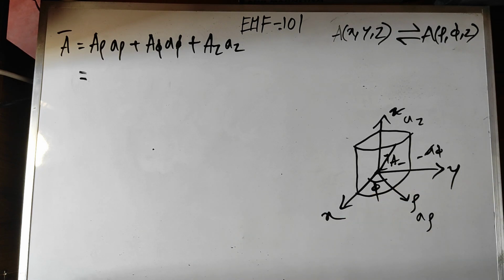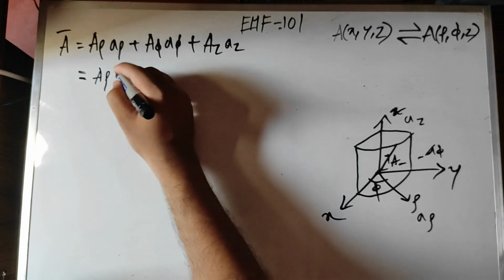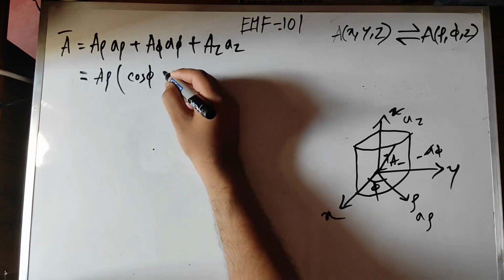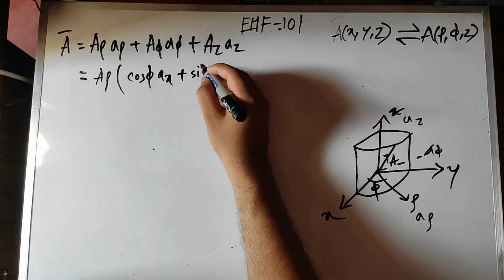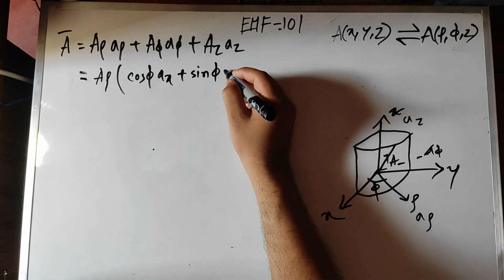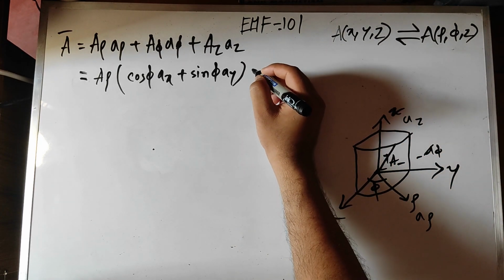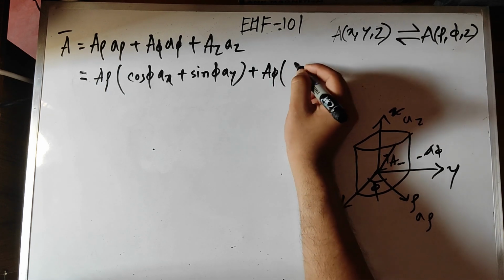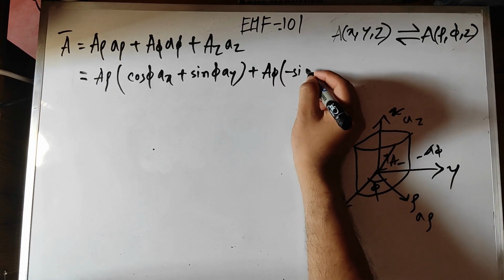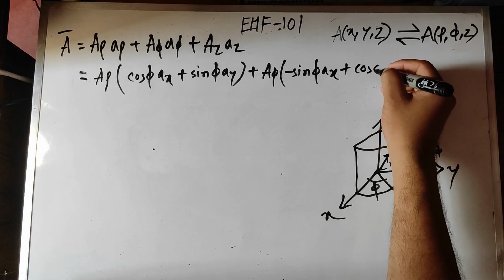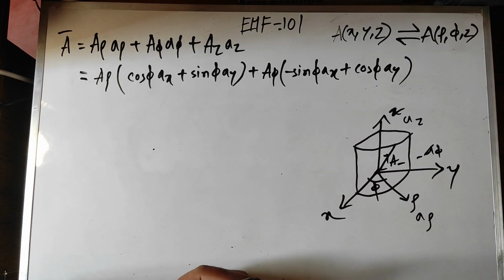Now aρ has the components cos φ ax plus sin φ ay, and doesn't have any az component because they are perpendicular to each other. aφ has the components minus sin φ ax plus cos φ ay, and doesn't have any az component because they're perpendicular to each other also.